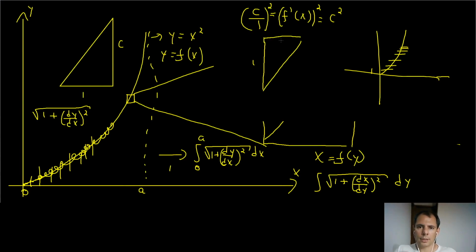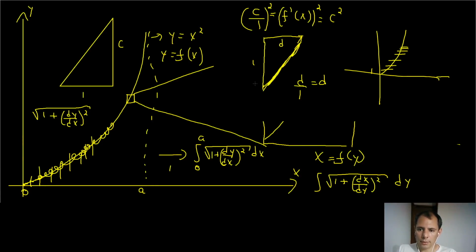And how much is it going to go to the right? Well, now it's not the rise over run. It's the run over rise. Let's just say that this is D now. Okay. So what is going to be the slope? The slope of this straight line here is going to be run over rise. So it's D divided by 1, which is just D. And what is going to be the length of this thing here?